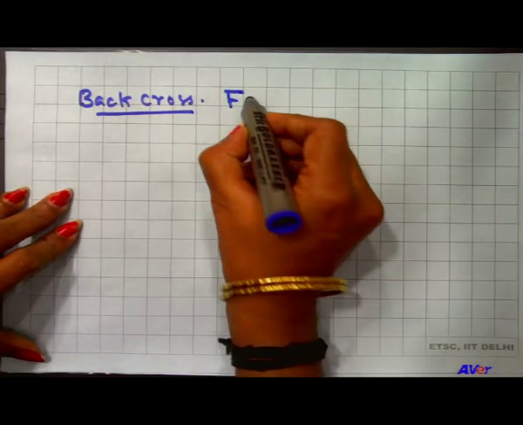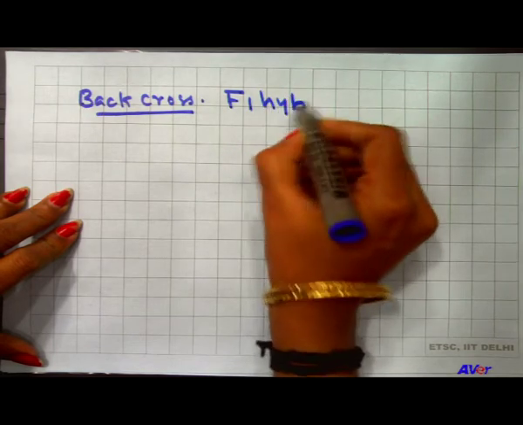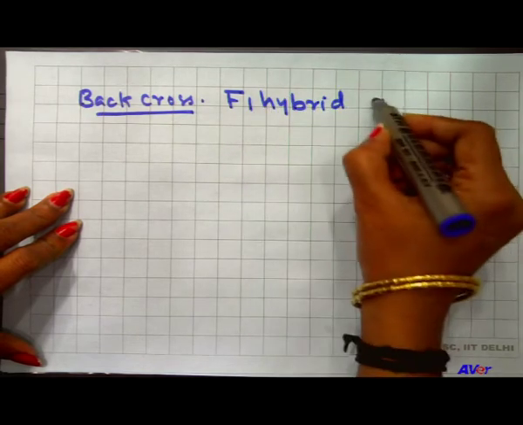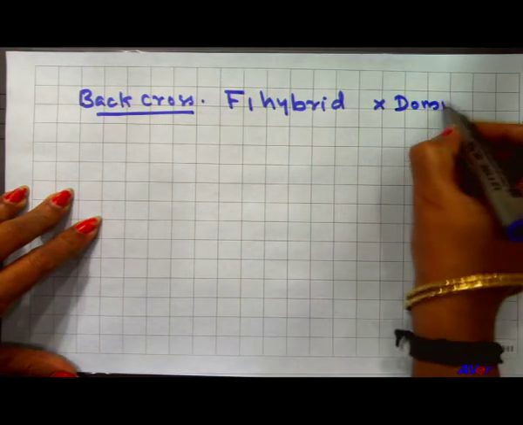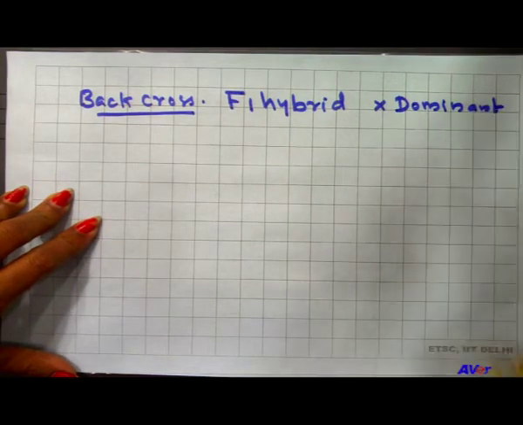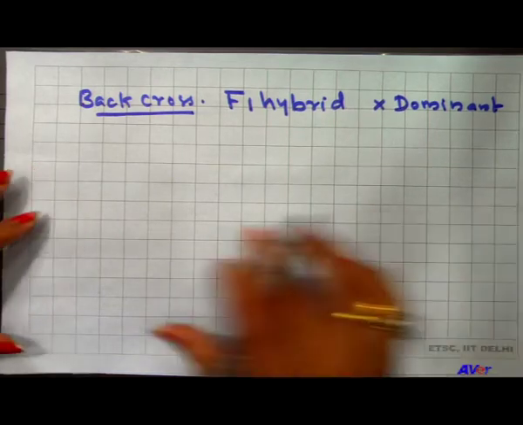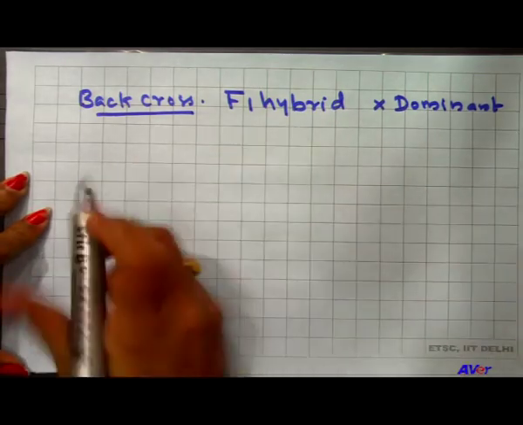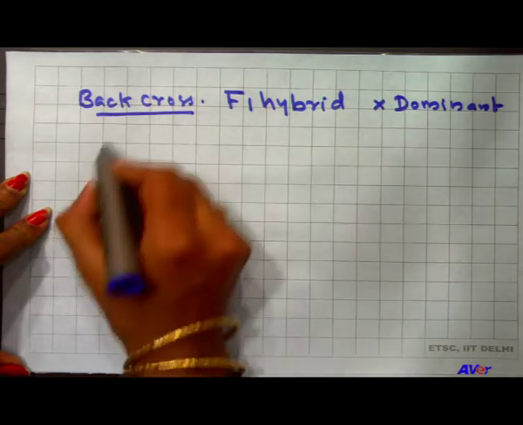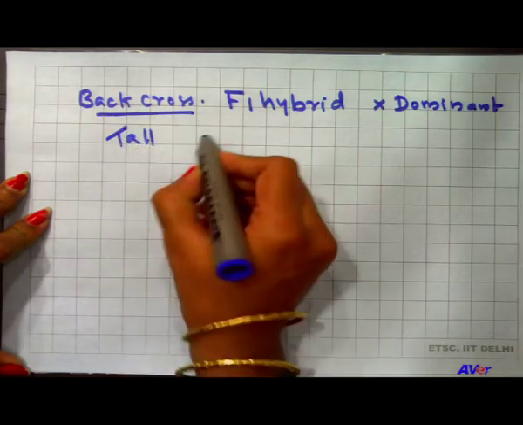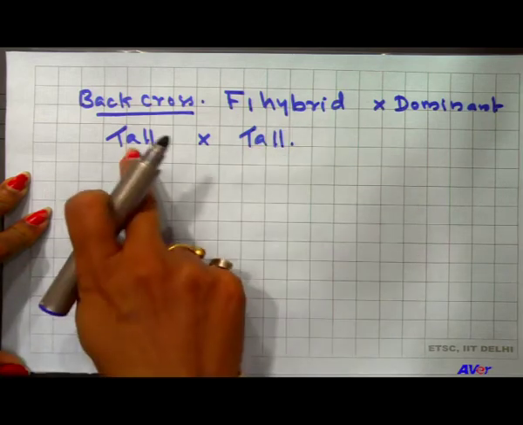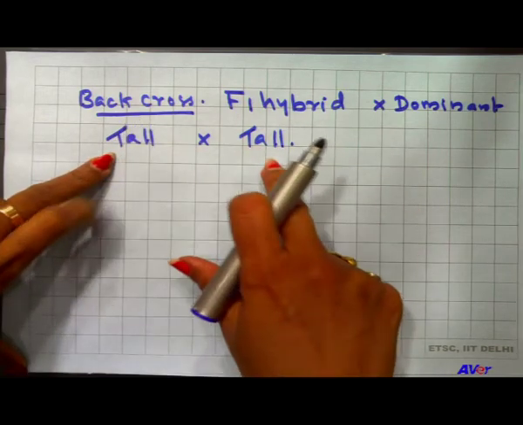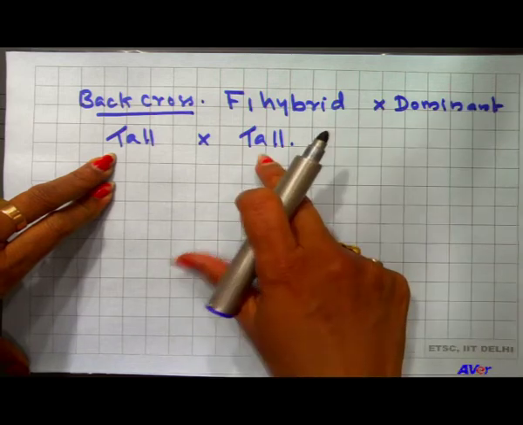The F1 hybrid is crossed back to its dominant parent. In this particular case, the dominant parent is tall and the F1 hybrid is also tall. So, tall into tall. This is the F1 hybrid and this one is the dominant tall parent.